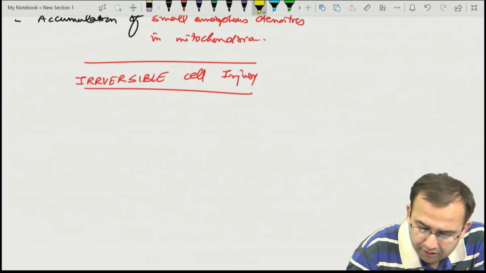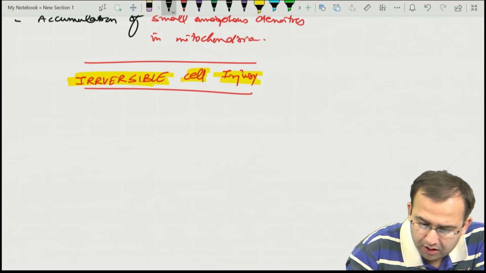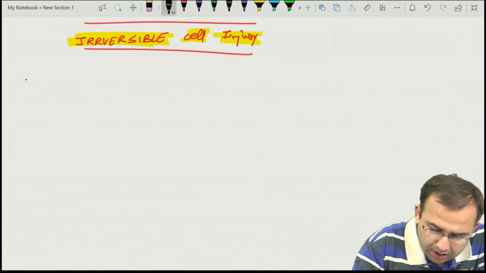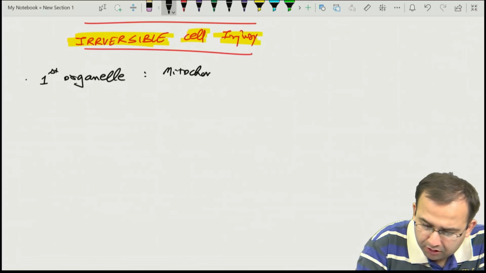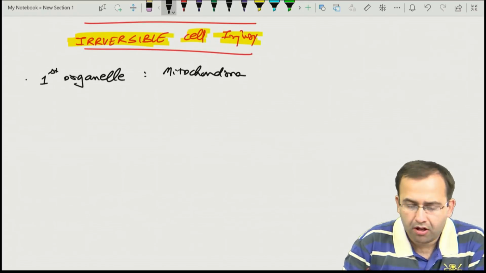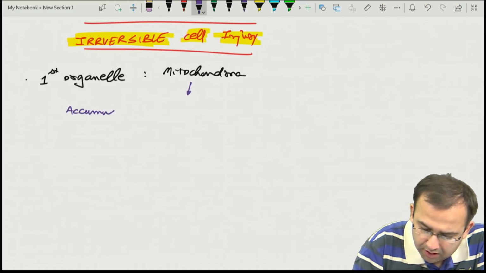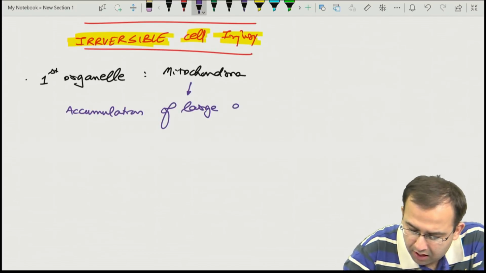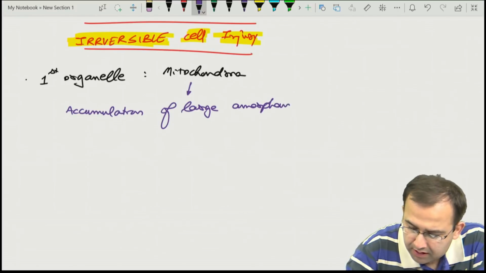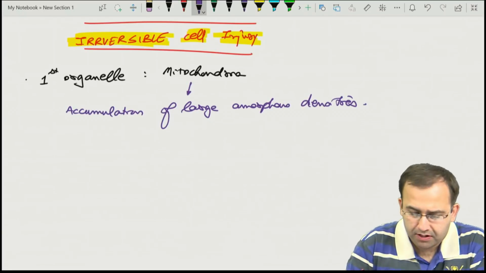Irreversible cell injury, first point, the first organelle to be affected: mitochondria, where it is associated with accumulation of large amorphous densities.